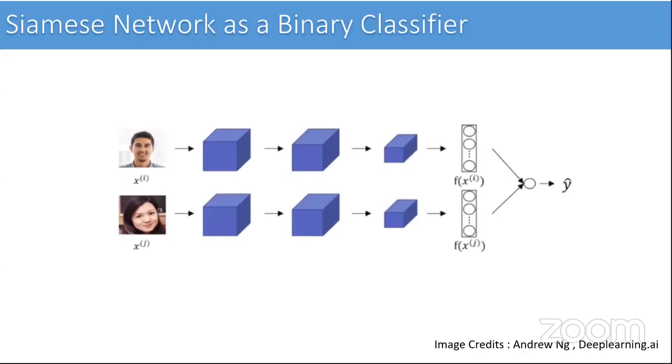We now have the Siamese network with us, and how are we going to train this network? We will get f of xi and f of xj corresponding to xi and xj, and we can create a data loader which can have the labels 0 and 1: 0 if they are similar, or 1 if they are different, right?